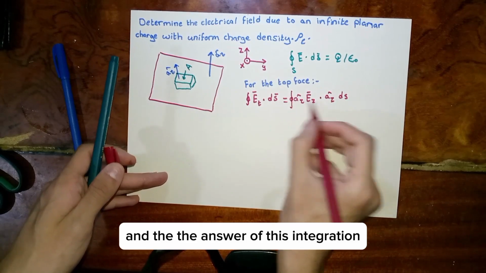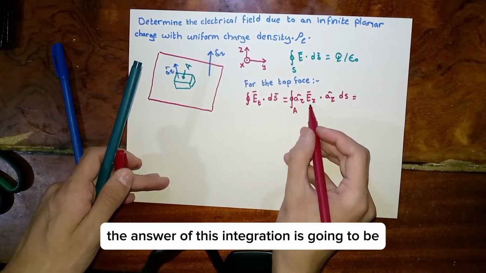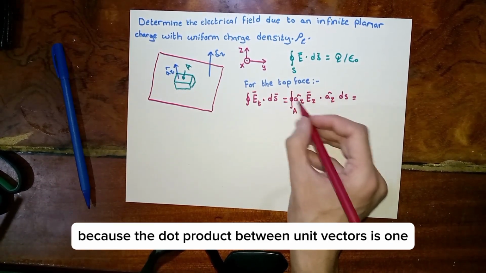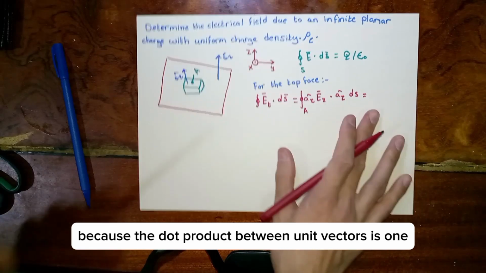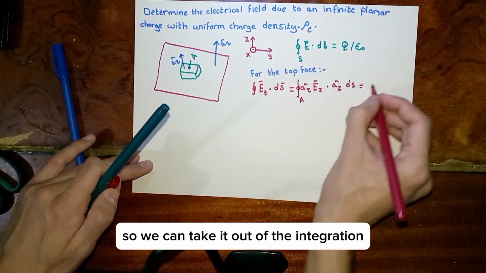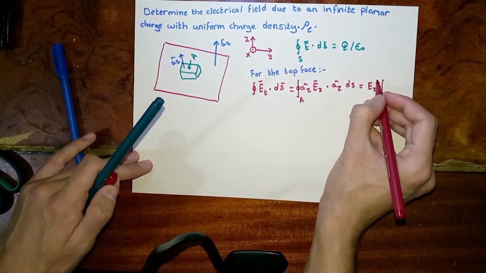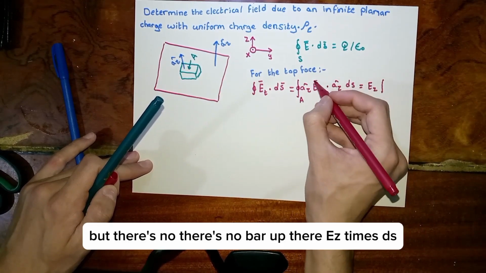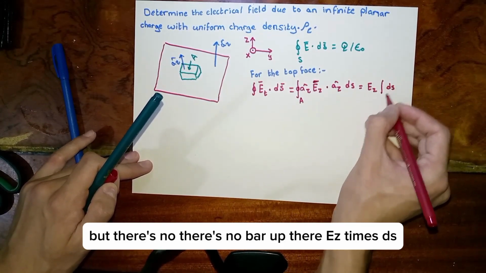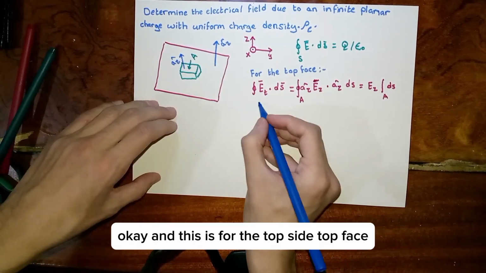The answer of this integration is going to be, these unit vectors are going to be eliminated because the dot product between the unit vectors is 1, and this is constant, so we can take it out of the integration, and the answer is going to be E_T times dS, integrated.